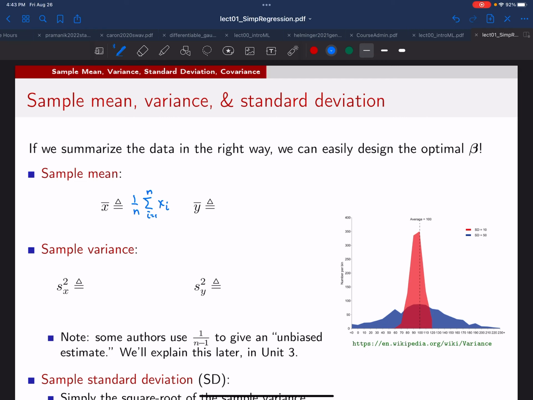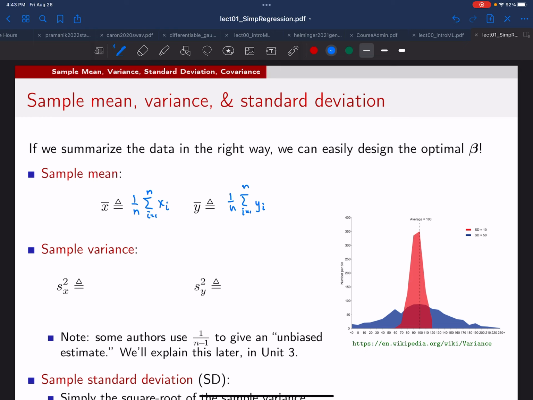Just looking at the sample average. So that's what you have for your features. xi, those are the things you're using to predict. This is just the average value. We're going to put a bar on it and call this x bar. We can do the same thing with the targets. We just average all of our targets, yi, and we get a y bar.